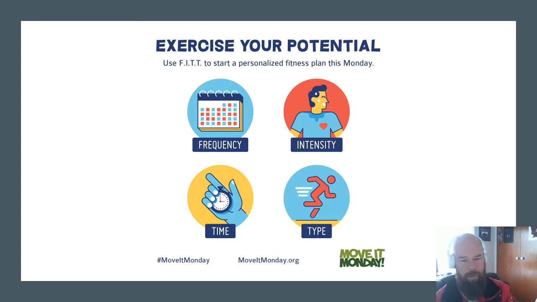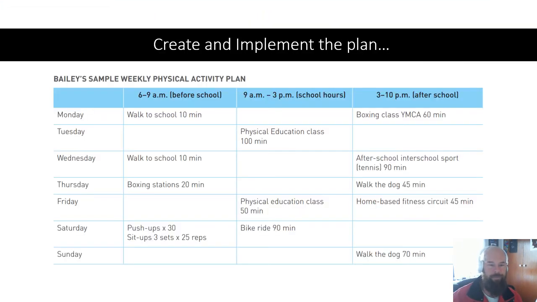And then the type: what sort of activity is it? That's going back to page 165, 164: leisure, household, occupational, that sort of stuff.